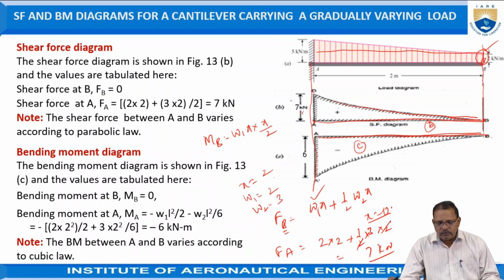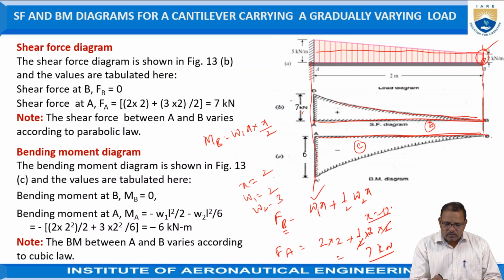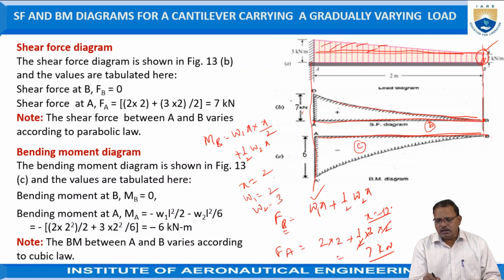So, again we have to determine the bending moment created by the gradually varying load, where the total load is W2 into X into half, because we are taking the area of the triangle. It is 3, nothing but L by 2.